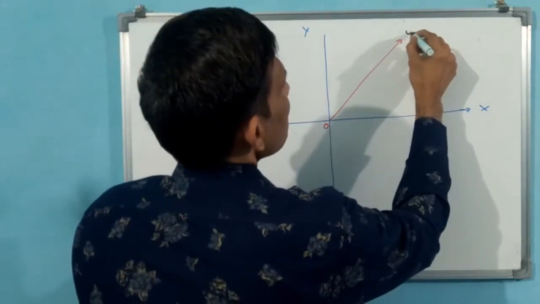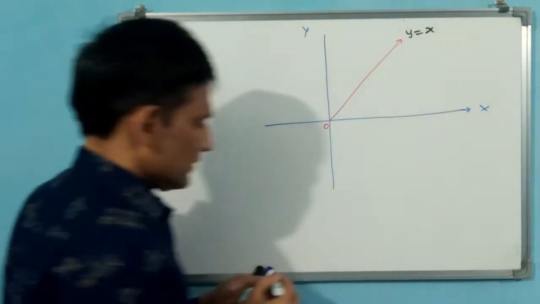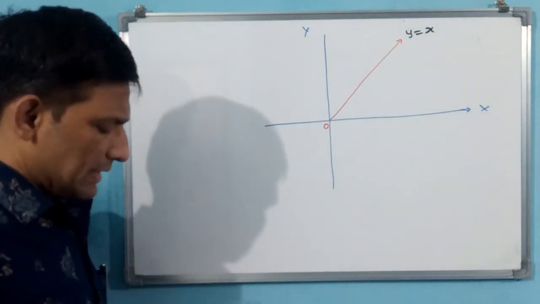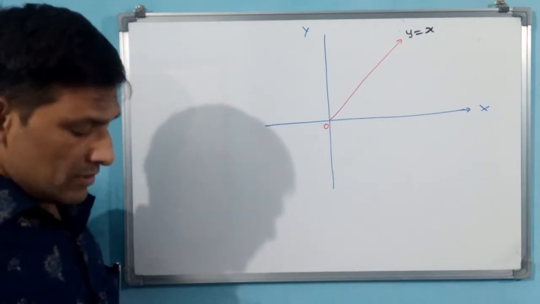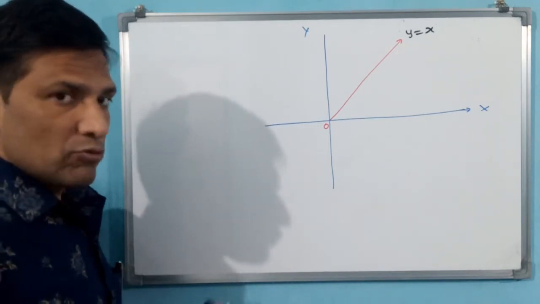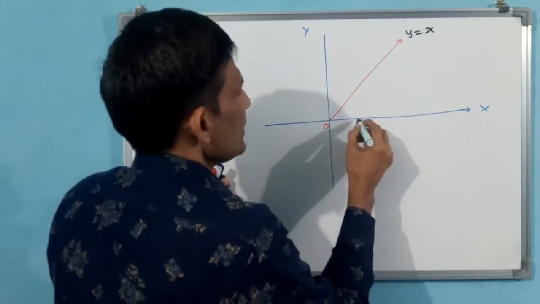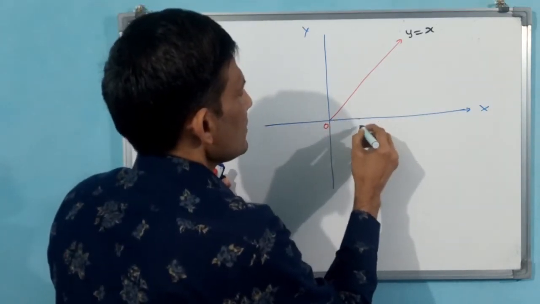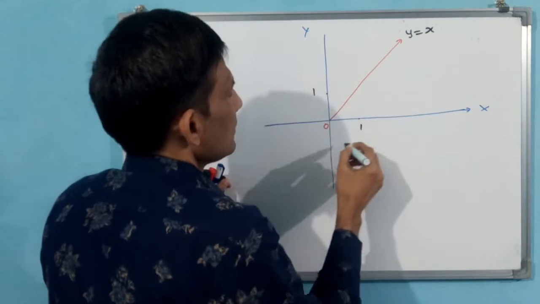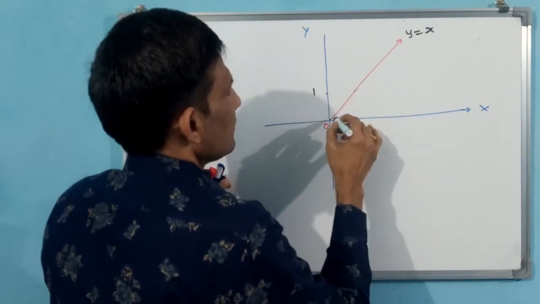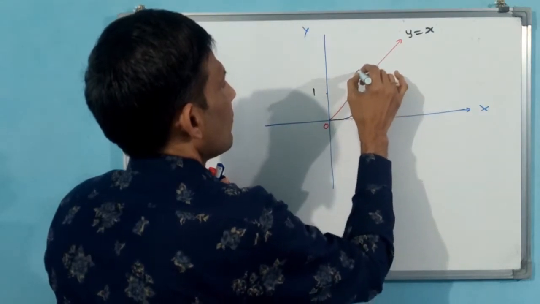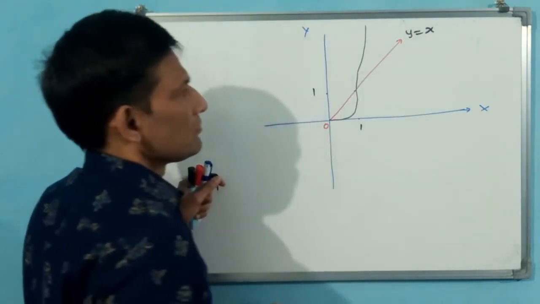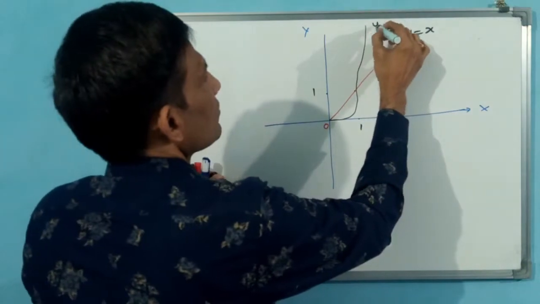I am writing this, you see, y is equal to x or f of x is equal to x. Okay, this is the first one. Second one I am writing x square. X square means you see this is 1, this is 1, okay, and this is 1. This is y is equal to x square.